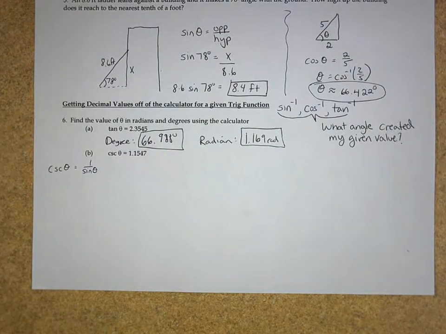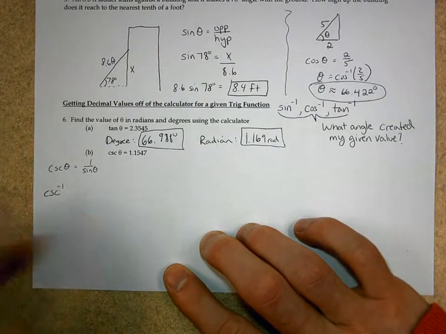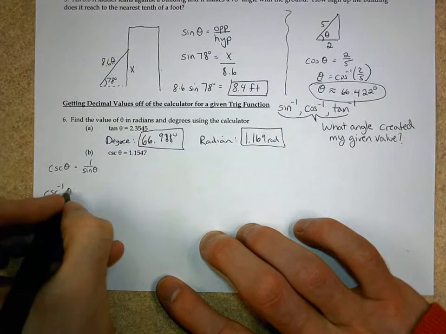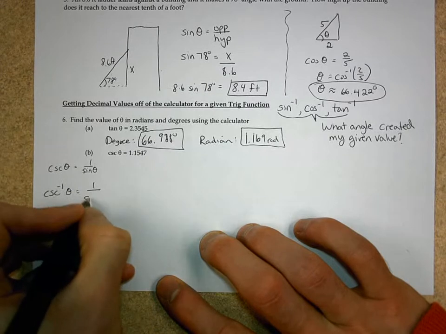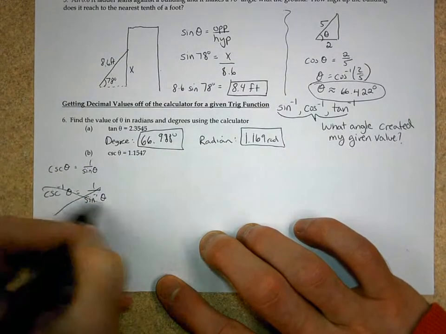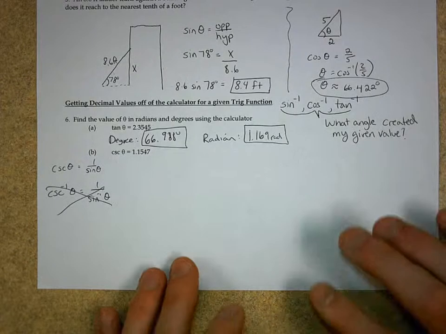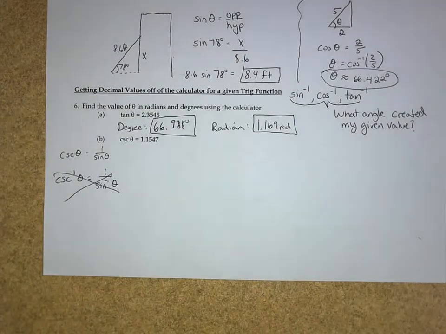The reciprocal relationship is with respect to the function, and here I'm trying to take an inverse. So I cannot say that the cosecant inverse of theta is the same thing as 1 over the sine inverse of theta. This is completely wrong. We cannot take a reciprocal in that format in terms of our inverse.